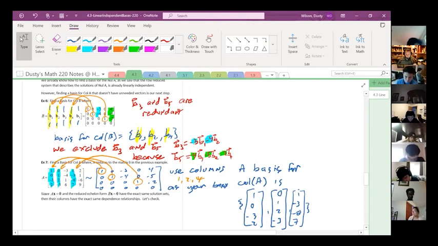For example, 1, 0, 0, 0 is potentially not even in the column space. So the answer to your question, I think, is yes, but that's not actually helpful to you. What you want to focus on is that those pivots tell you which columns you want to look for.